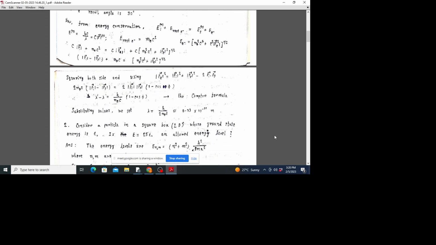Substitute the values for h, me, and c, which are readily available anywhere on the internet, and you will get initial lambda to be 0.13 into 10 to the power minus 11 meter. So this answers the question.